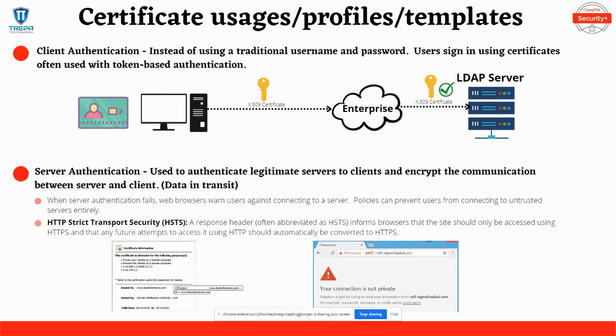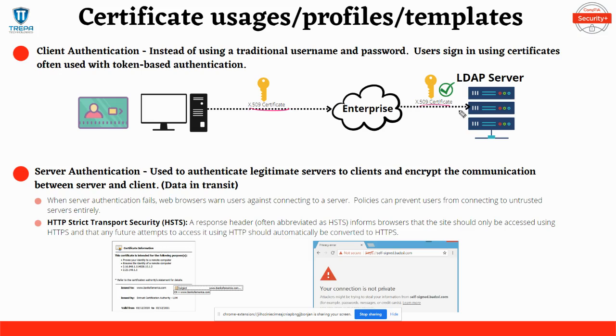All right. So now let's go over some client and server authentication. Clients can use the public key infrastructure to get issued a certificate and then use that certificate to authenticate on the network. An X.509 certificate is the format clients will use, and this certificate will have that user's information. Certificates issued by a CA can be used to sign into a system instead of using a typical username and password.